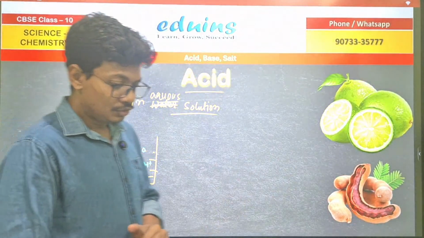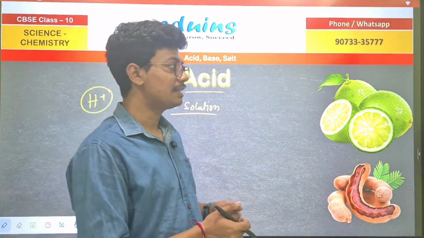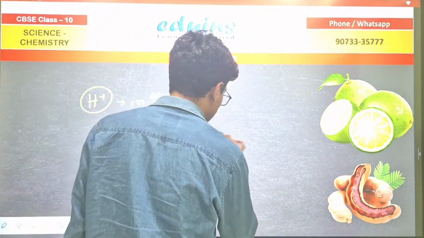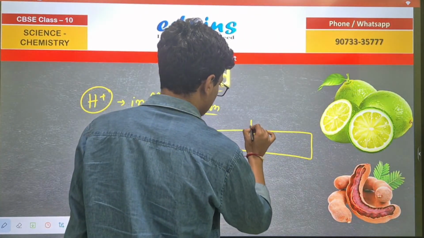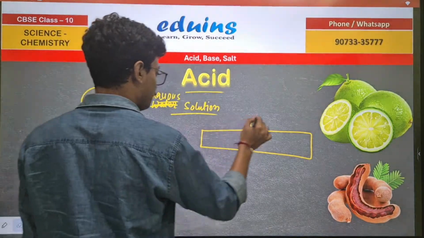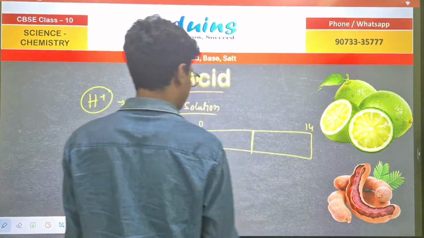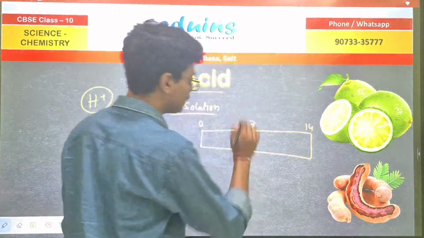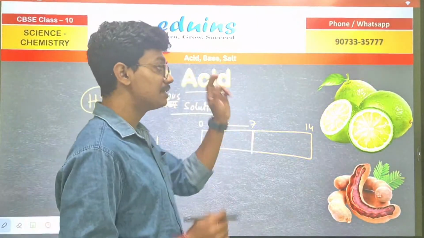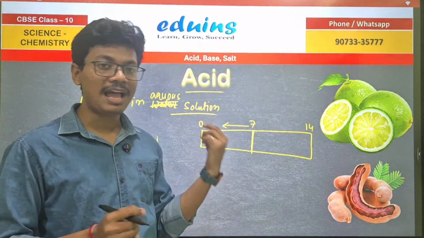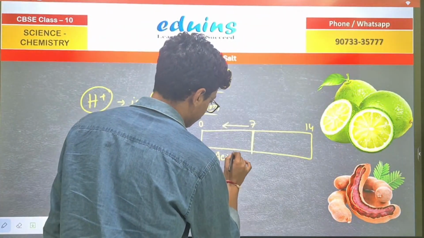So the H plus ion released by the acid, this property is known as the basic property of an acid. How do we understand whether this is an acid or a base? There is a meter called the pH meter, which ranges from 0 to 14, and the midpoint is 7. From 7 to the left side, that is 6, 5, 4, 3, 2, 1, these are denoted as acid.